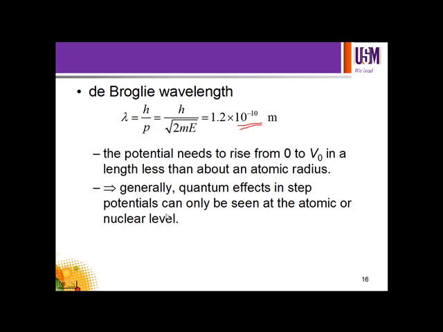So in order to see the effect of quantum mechanics in this case, the step function potential should be at the atomic or nuclear level. If nuclear, it is Fermi, 10 to the negative 15, but at least 10 to the power negative 10 meter for an electron.